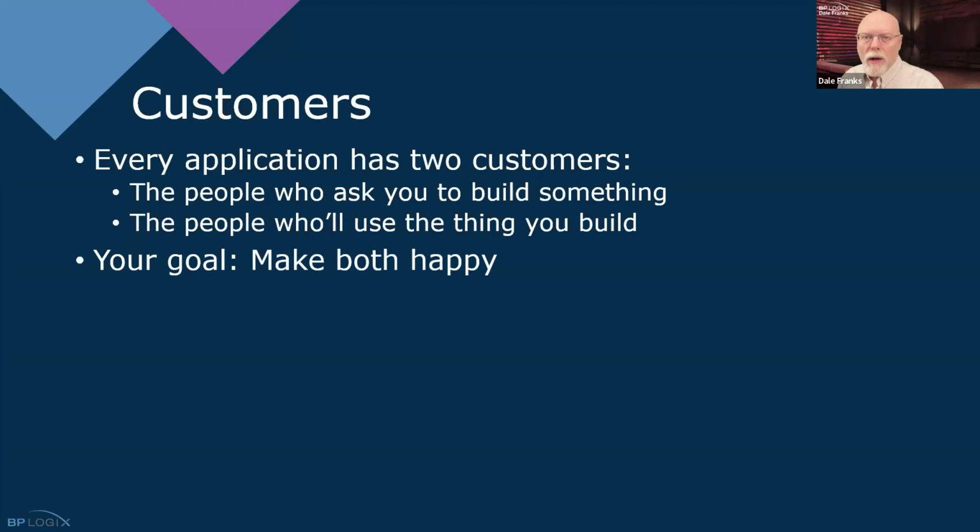So your goal is to meet the objectives both of the people who are asking you to build the application, customer number one, and customer number two, all of the universe of end users who are going to have to use that application and who really do need to, if not enjoy it, at least not actively dislike it.